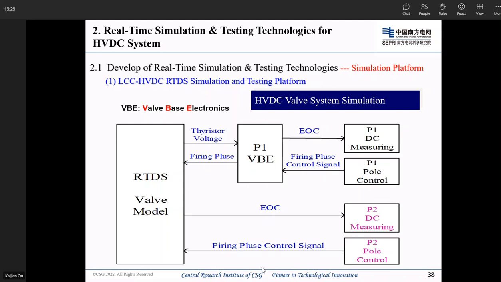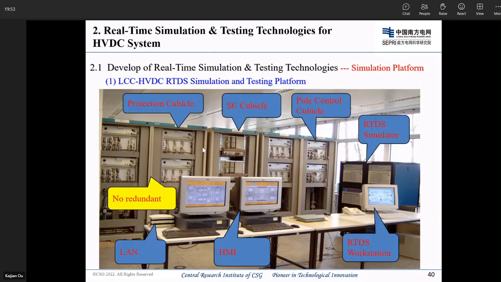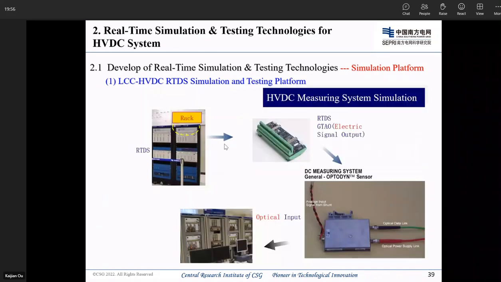Pole 2 has no VBE because we want to minimize the cubicles in the laboratory, since the cubicles need much room. So this is the VBE simulation, and also the HVDC measurement system simulation.